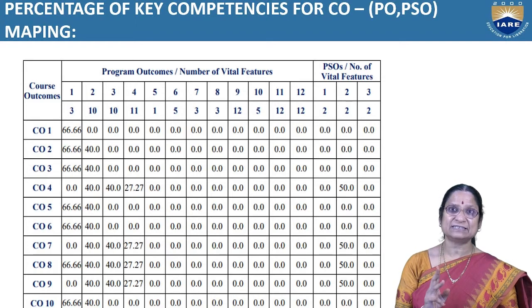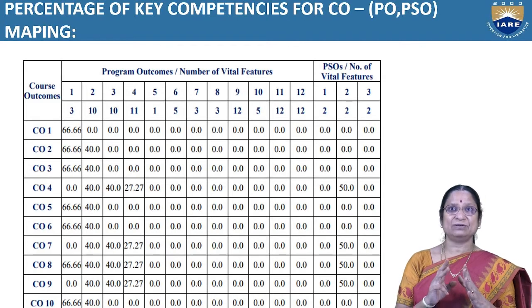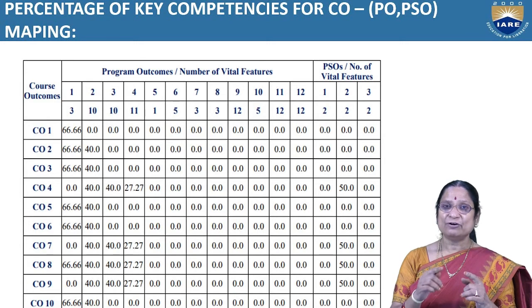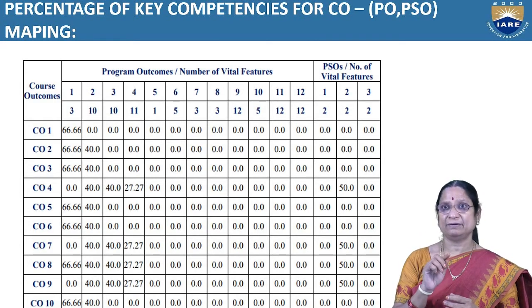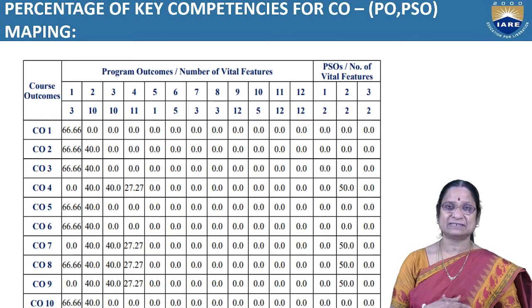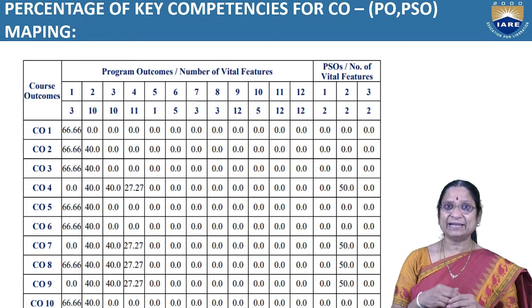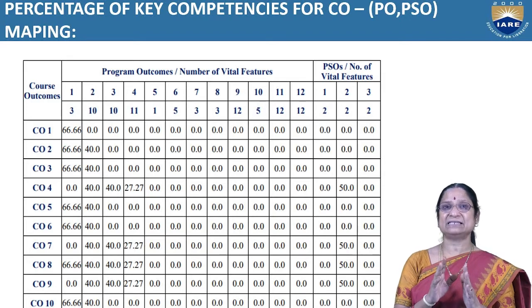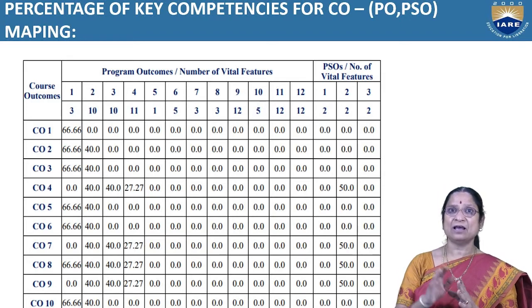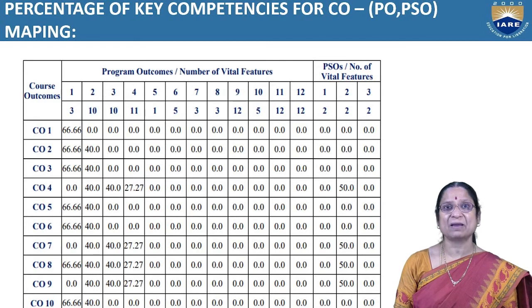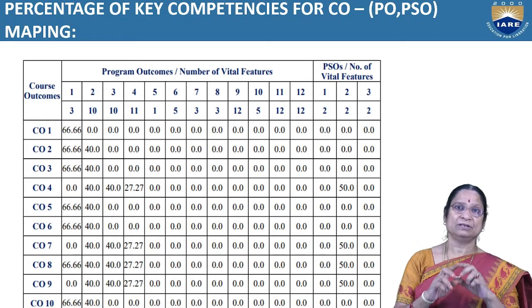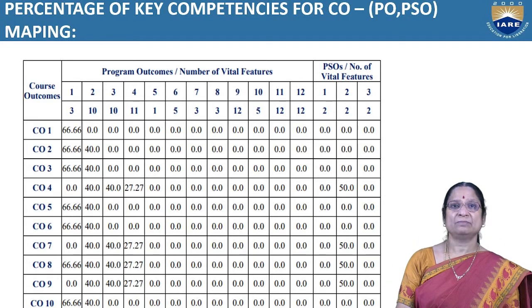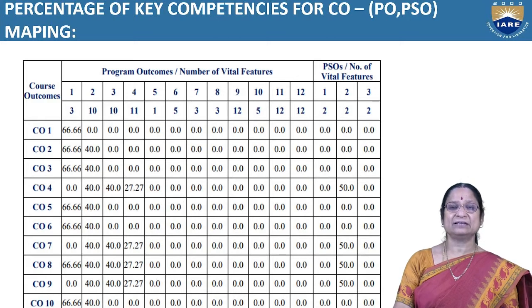So 3 tables we decided. We designed. First table is which CO is mapping with which POs. Only the number of the PO which is mapped was given. In the second table, we identified which POs its respective COs are mapping with, and how many key competencies are mapped. Then in the third table, we have summarized the number of competencies of each PO mapped with respective COs.